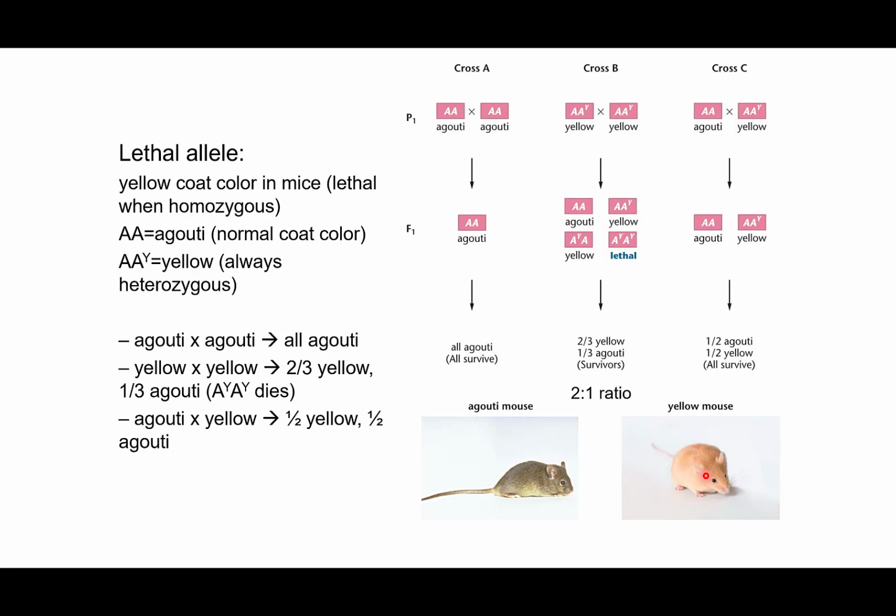But if we're homozygous for the yellow, so for AY, we die, and it will not be born. What that means is instead of having a 3-to-1 ratio, we actually, in this gene, have a 2-to-1 ratio. So for every 3 mice born, 2 will be agouti and 1 will be yellow. We will never have that 4th mouse being born because they will all die.